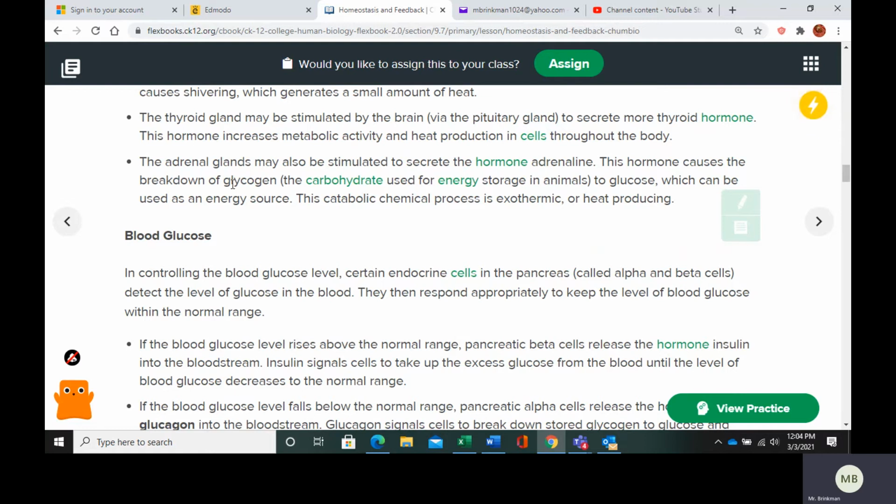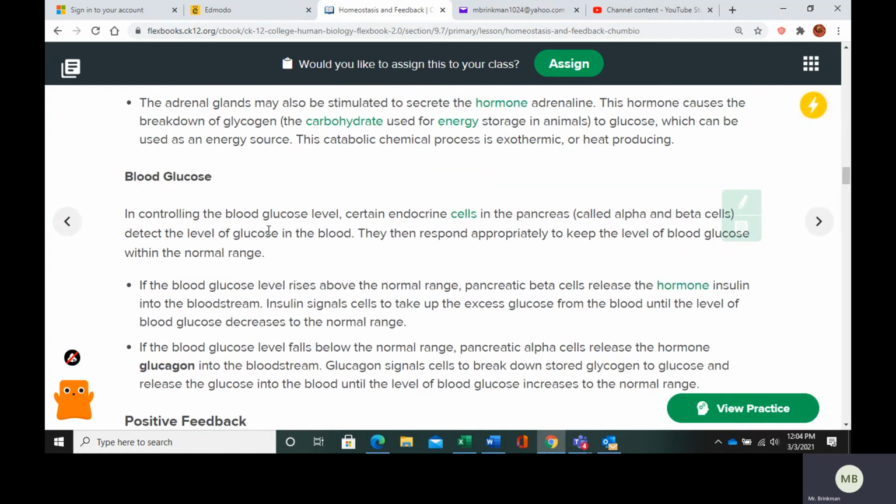All right, that's going to cause the breakdown of glycogen, which is the carbohydrate that's used to store energy in animals, or humans. We're considered animals, kind of. It's going to break down glycogen into glucose, which can be used for energy. All right, and then this breakdown process is exothermic, which means it releases heat.